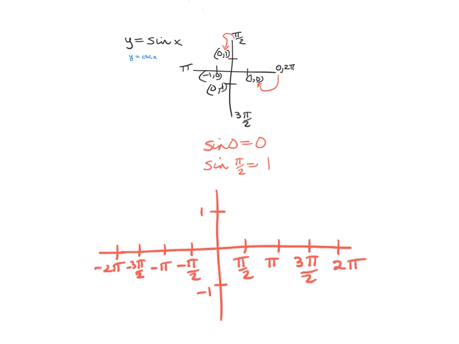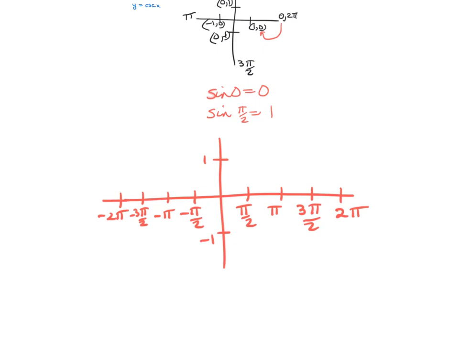So again, remember sine of 0 degrees, and remember sine always starts at (0, 0). Then sine of pi over 2 goes up to 1. Then at sine of pi, it goes back to 0. And then 3 pi over 2 is here and here.